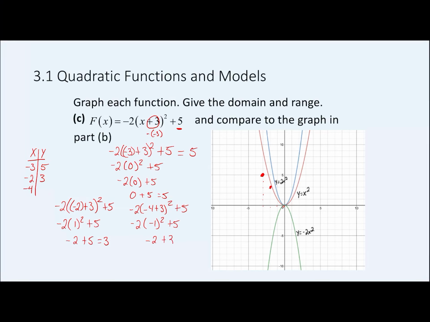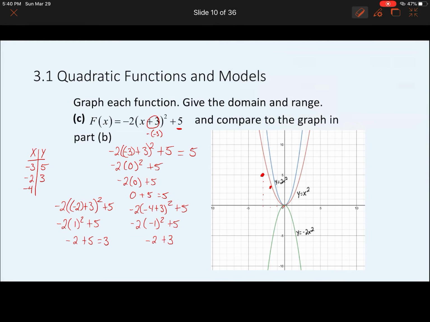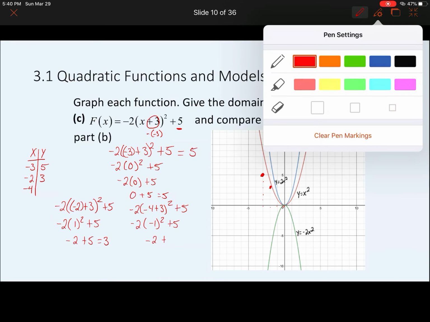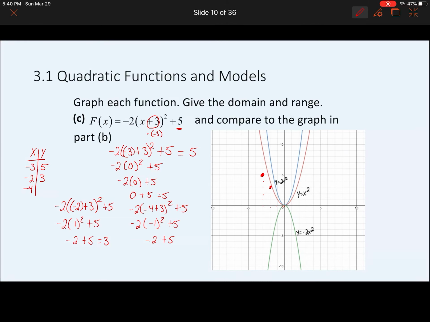So we take -4 and substitute it in. We're going to have -4 plus 3 is -1, squared. -1 squared is +1. 1 times -2 is -2. Oh, it's plus 5, which is +3.